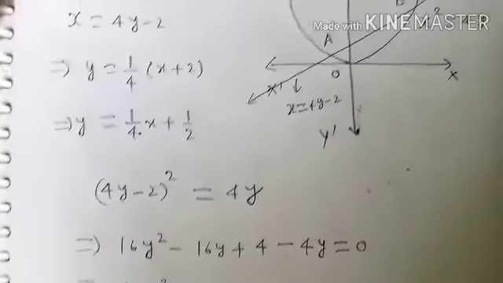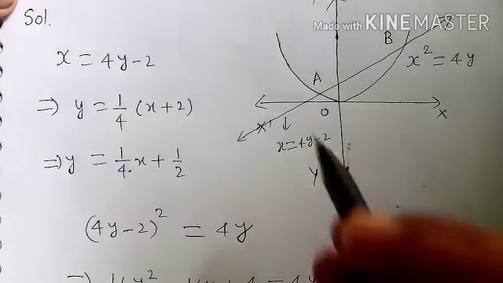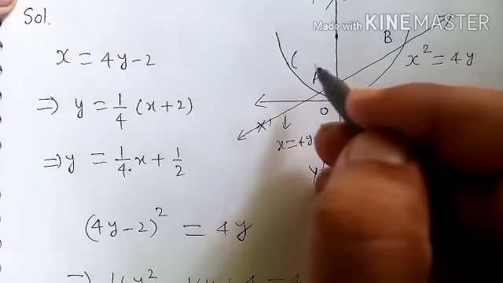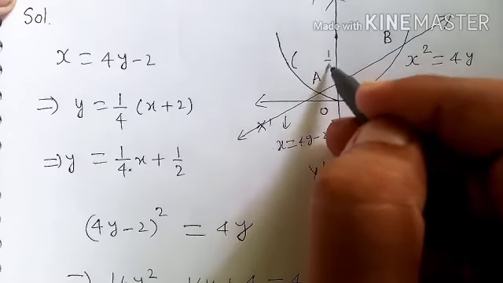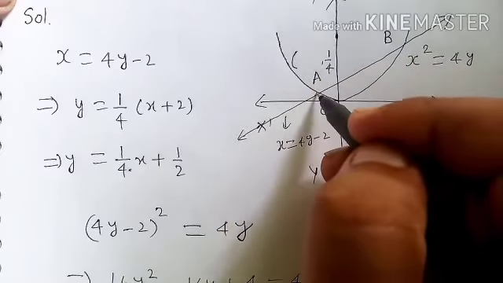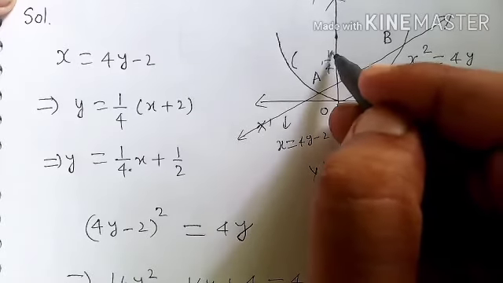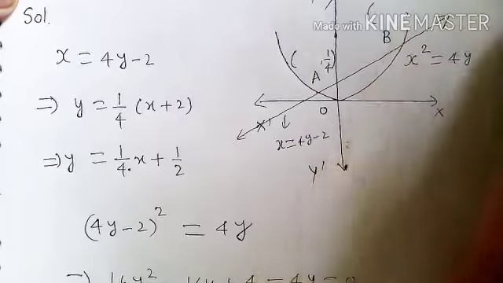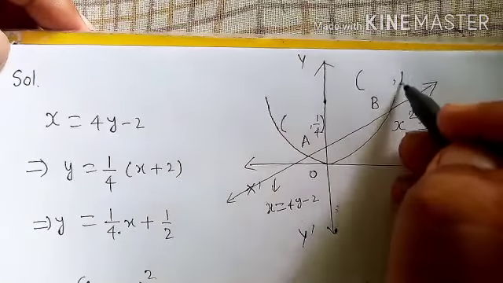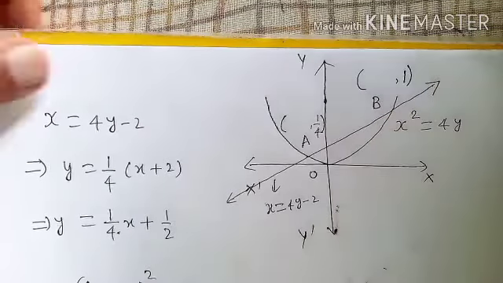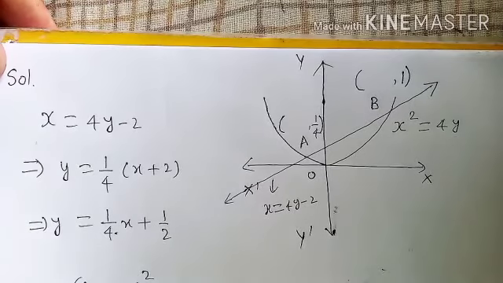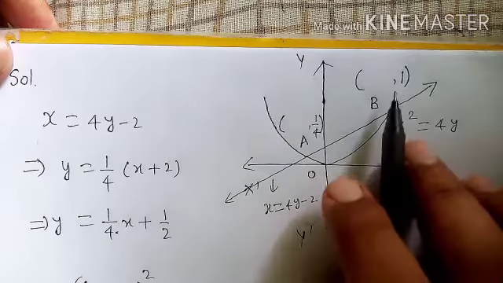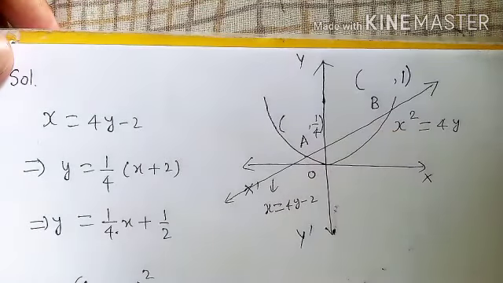So we have the coordinates of A and B. The y coordinate of A will be 1 by 4 because it is below B, and the y coordinate of B will be 1, because 1 is more than 1 by 4, so 1 should be above 1 by 4.